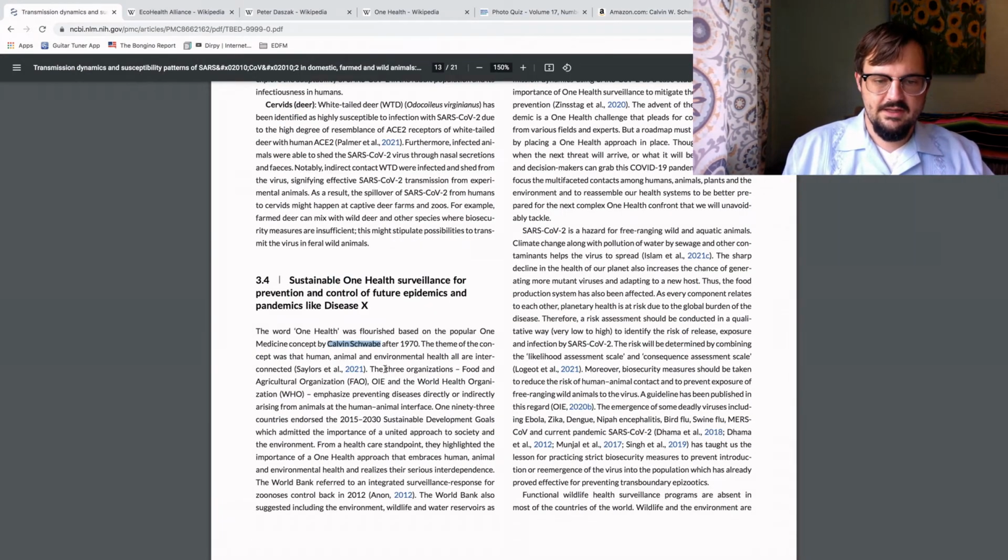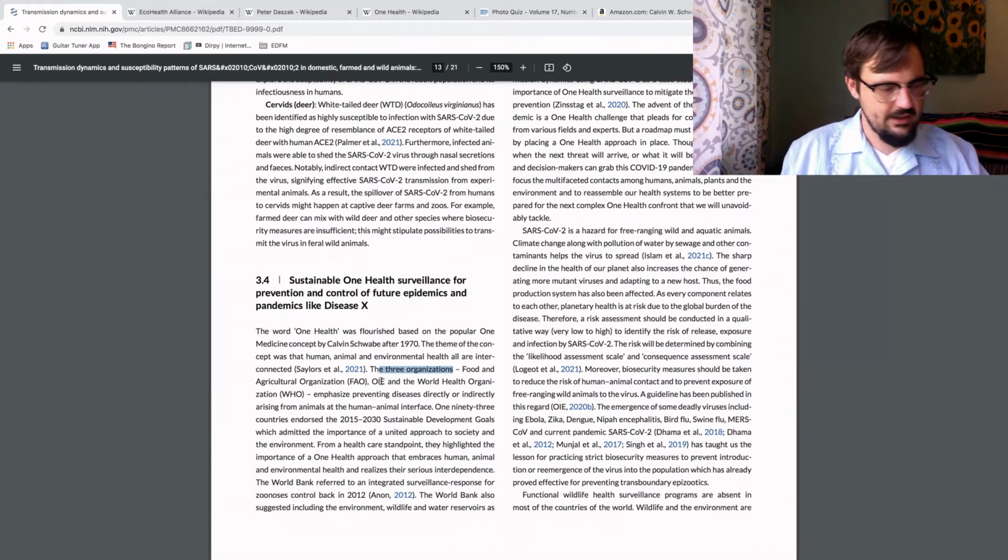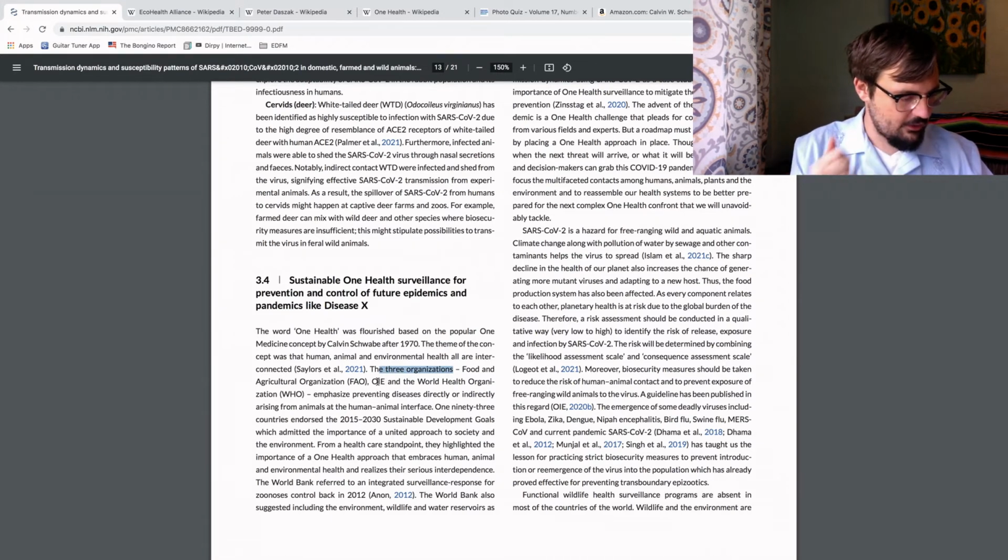Now, the three organizations that we're working with so diligently to roll this out are the FAO, the Food and Agricultural Organization, OIE, which is the Office International des Epizooties, which is the French name, and we now call it the World Organization for Animal Health, and the World Health Organization.